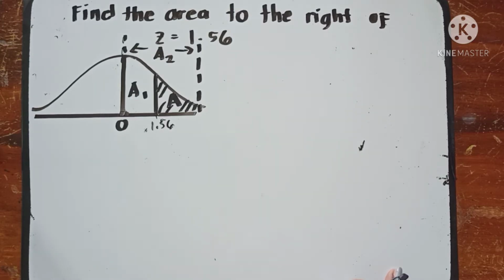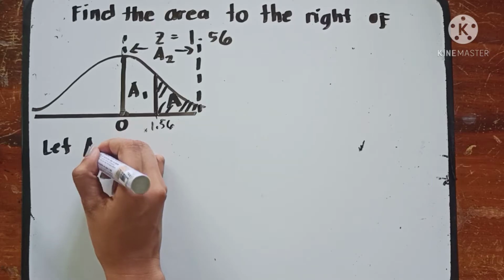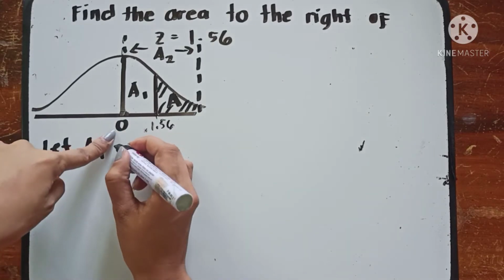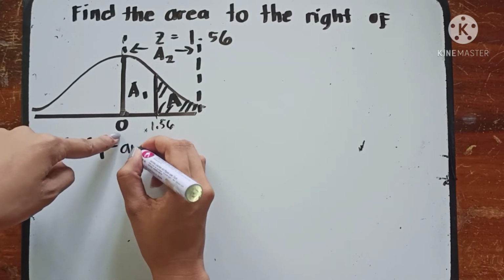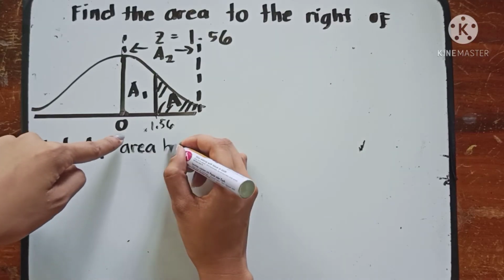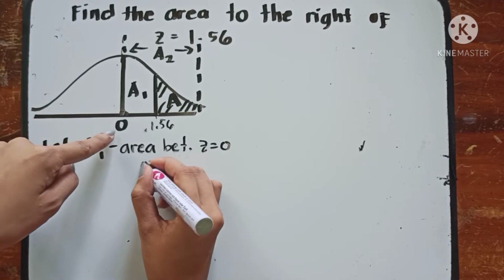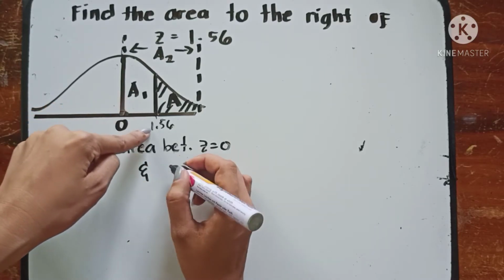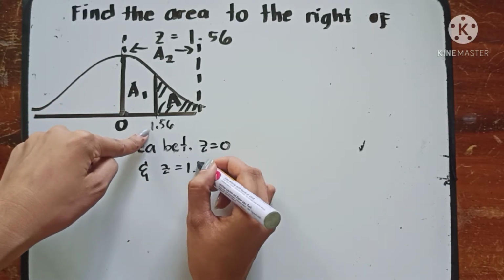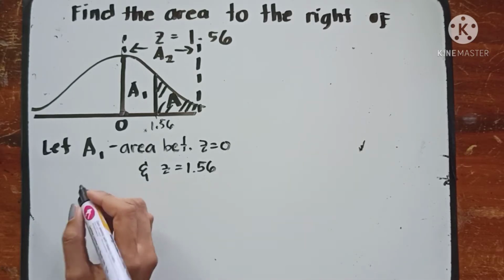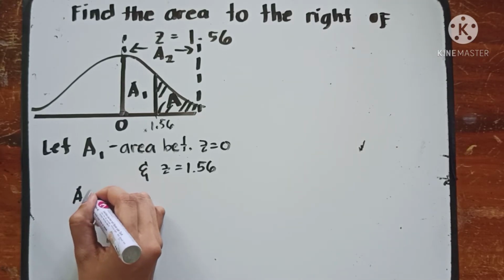So, ito yung magiging itsura ng curve niyan. Okay po? Okay. So, next, we let A sub 1 be the area between Z is equal to 0 and Z is equal to 1.56. Okay, so next, how about your A sub 2?